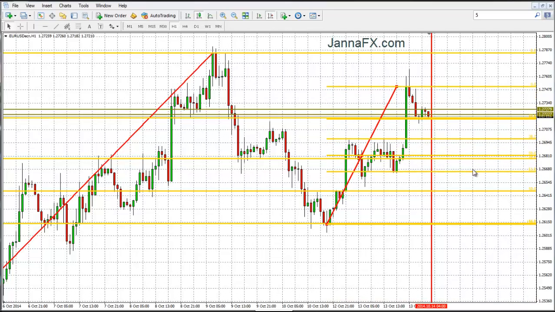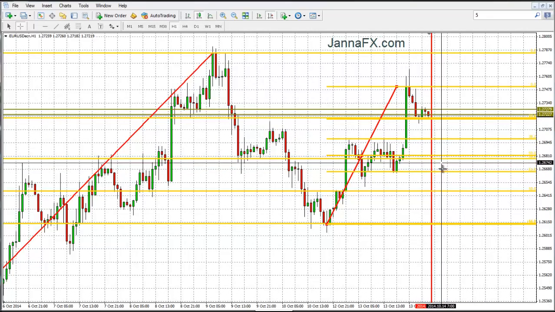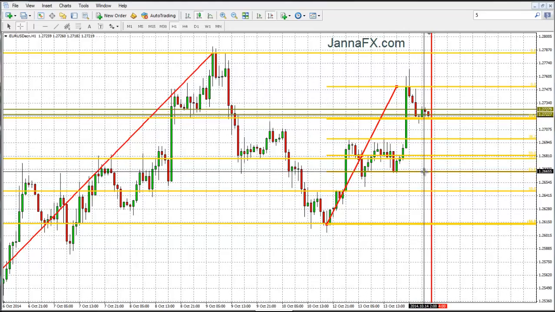It's going to be around here, 61, which is about this point. Yes, that's the 61 from the little one, and that's roughly 50 pips you have here.